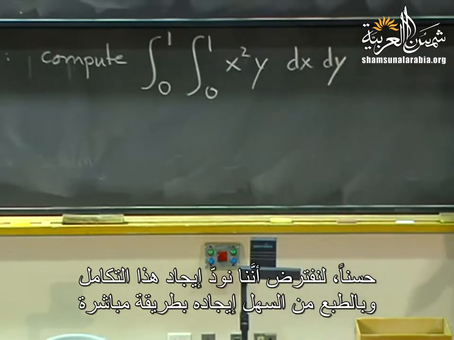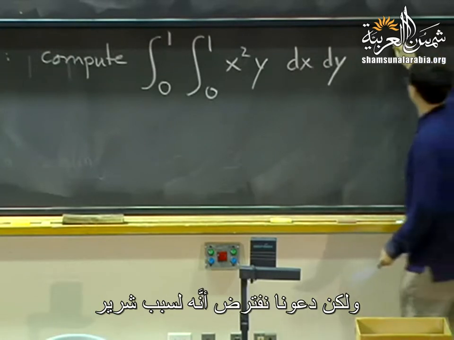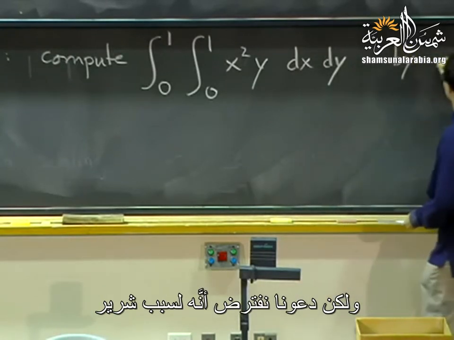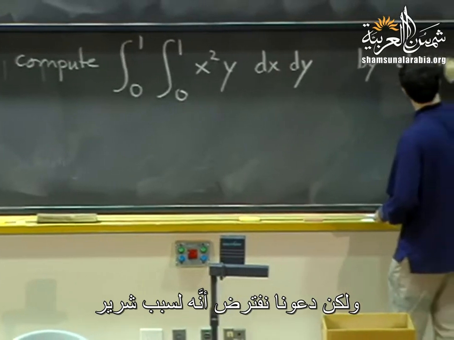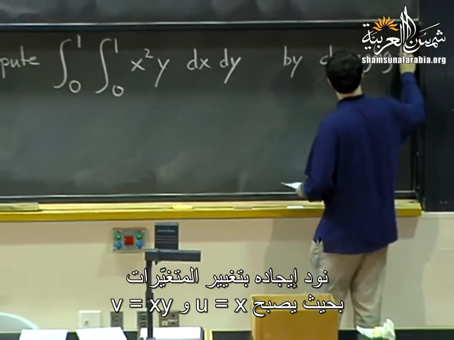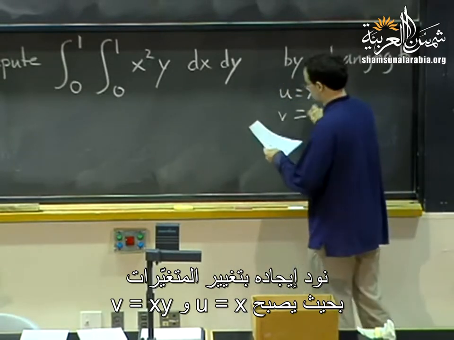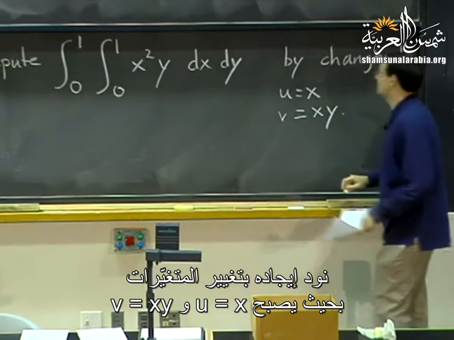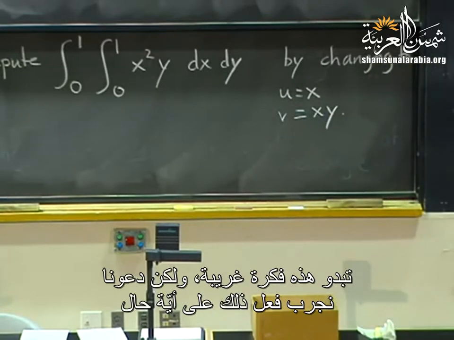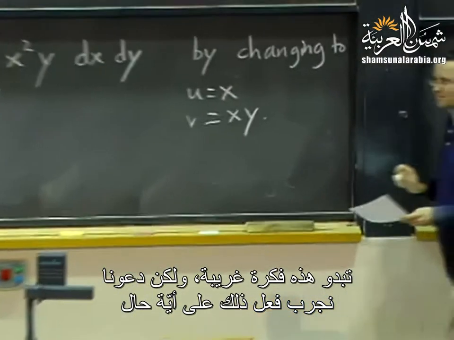Of course it's very easy to compute it directly. But let's say that for some evil reason, we want to do that by changing variables to u equals x and v equals xy. That's a very strange idea, but let's do it anyway.